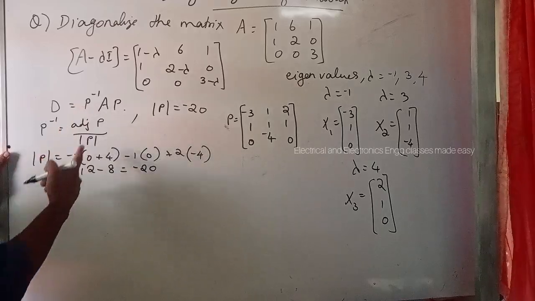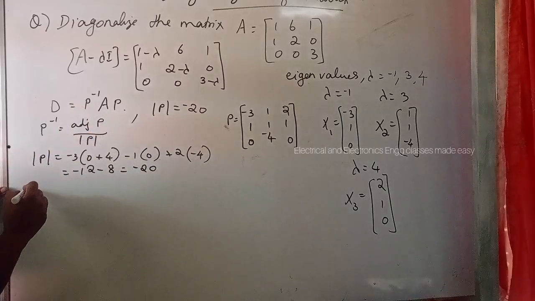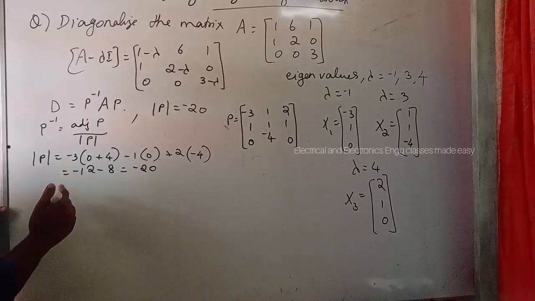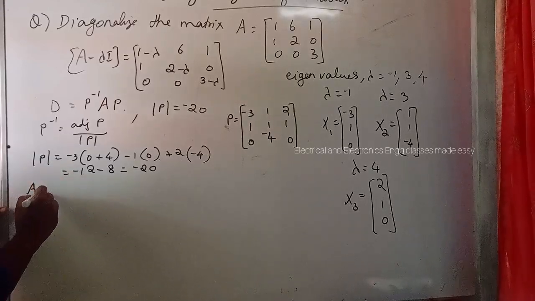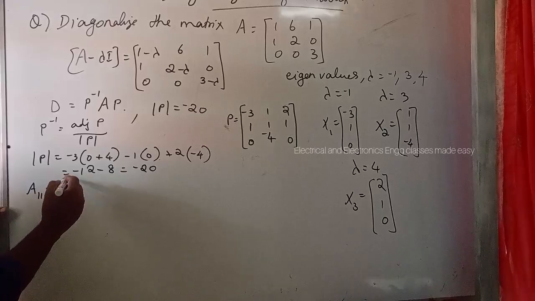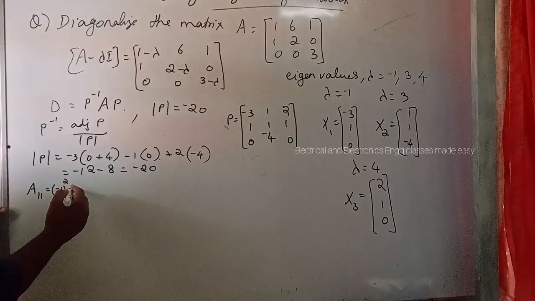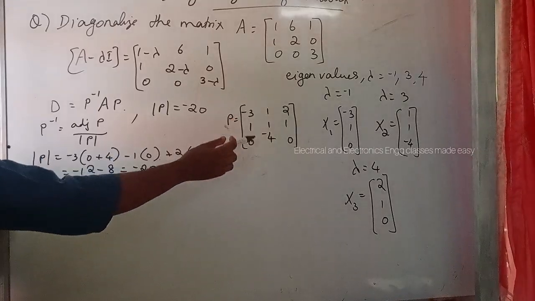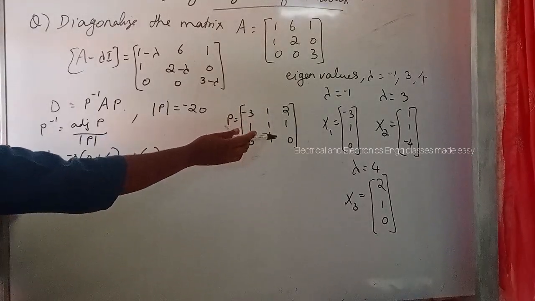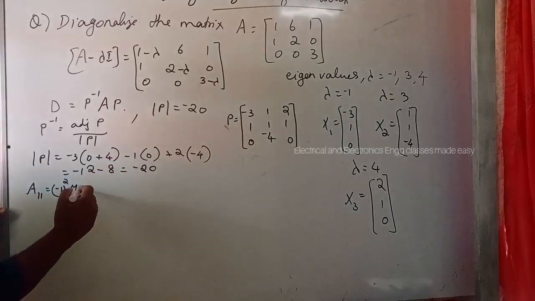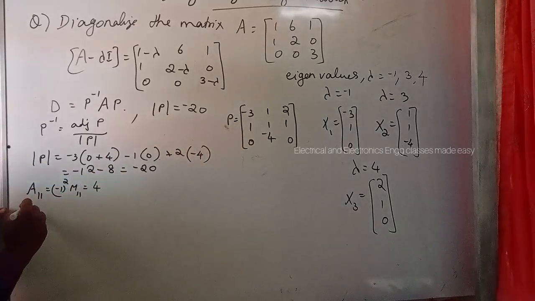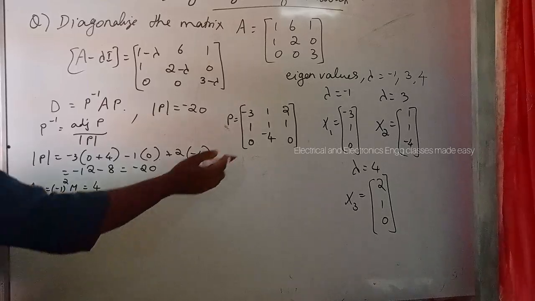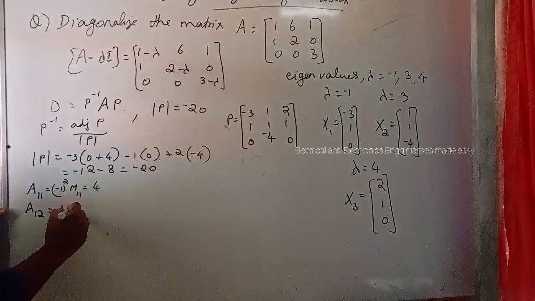Now we have to find the adjoint of P. For that we have to find the cofactor elements. A11 equals minus 1 raised to 2, or plus 1, into M11, where M11 is the minor of the first element, that is 0 plus 4, that is plus 4. Then A12 equals minus 1 into M12, so M12 is 0.